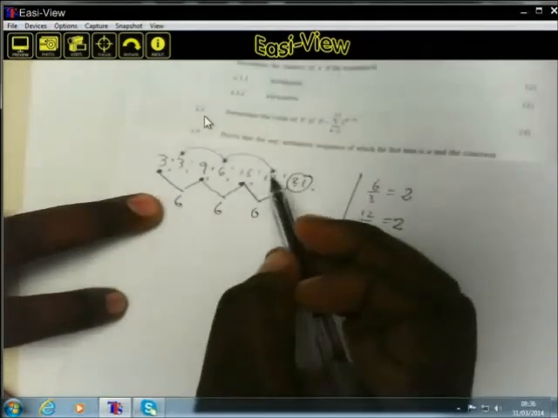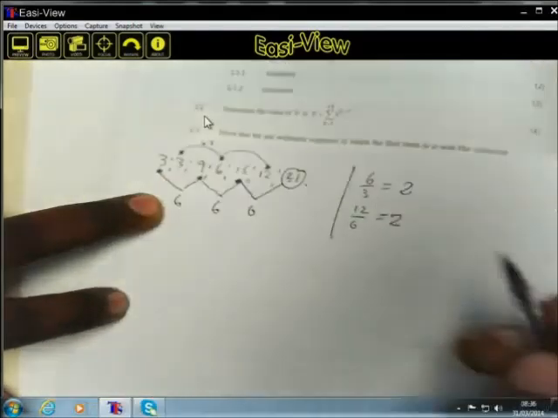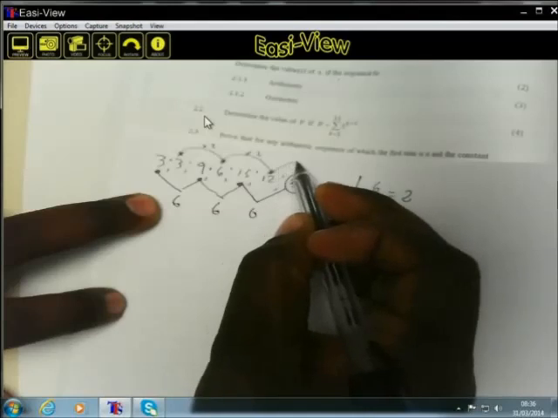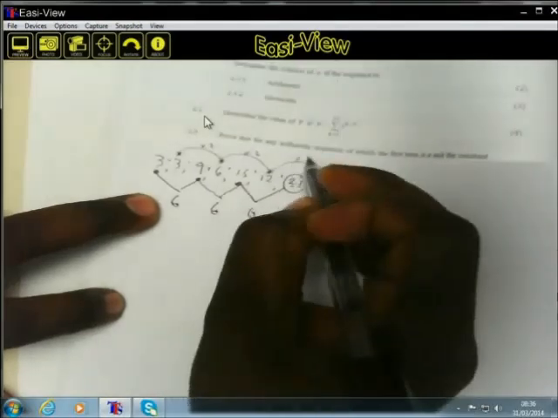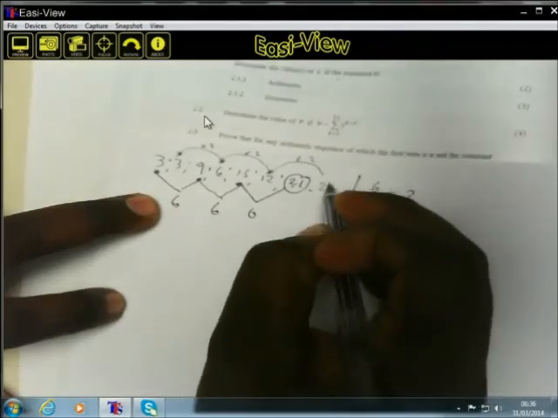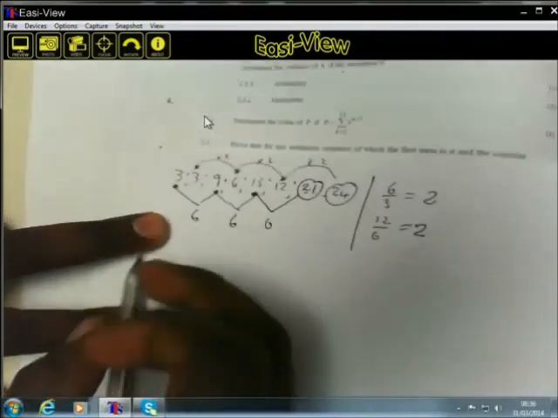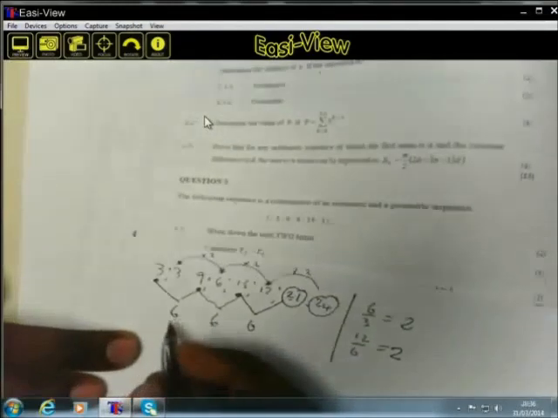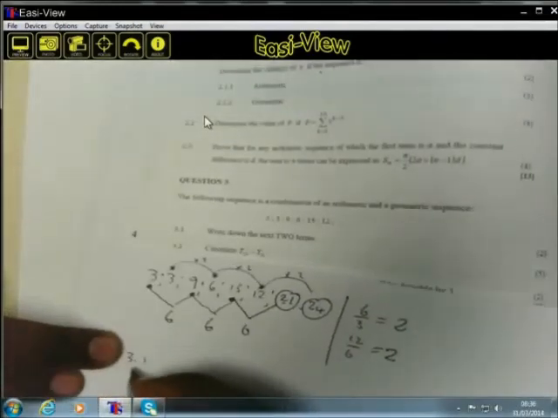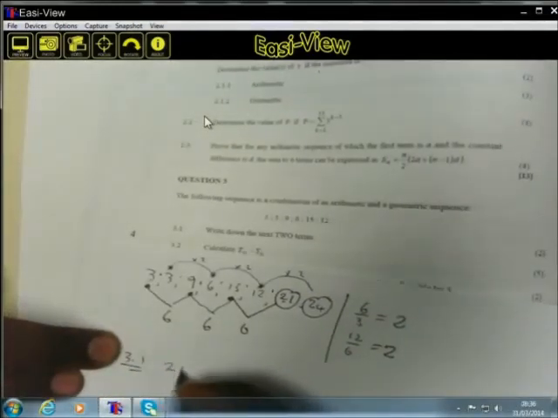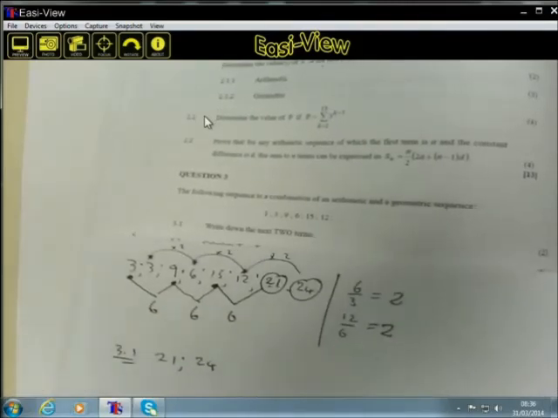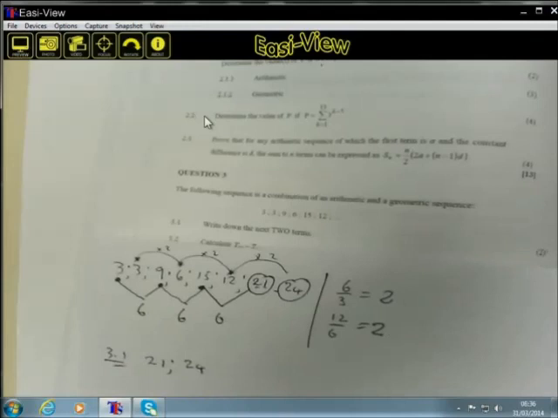We then multiply this 12 also by 2, and it gives us 24, which means the next 2 terms they are talking about here will be 21 and 24. That is how we find the next 2 terms.